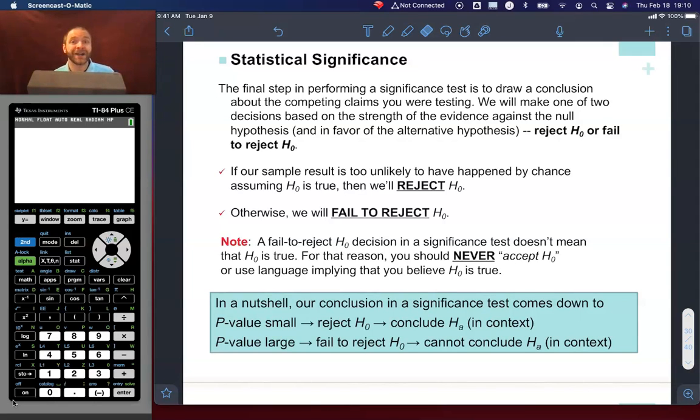So in other words, how do you make your final statement if you fail to reject the null? There is not enough evidence to conclude the alternative in context. That's it. You don't admit you're wrong. You don't admit the null is true. You just say, I don't have enough evidence to conclude what I wanted to conclude.